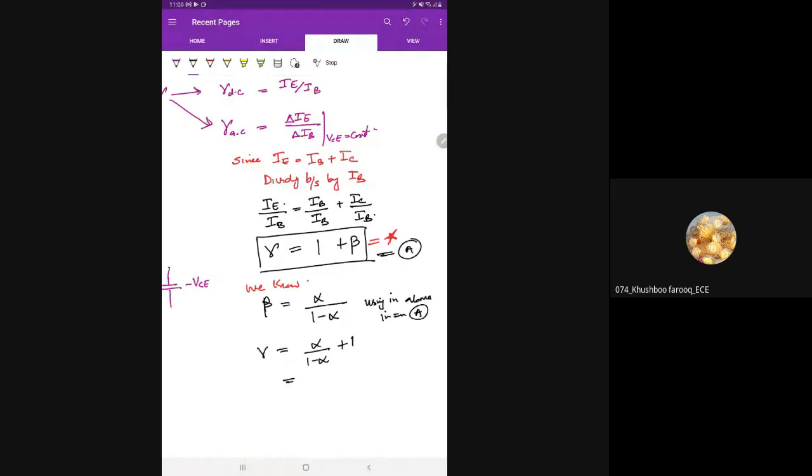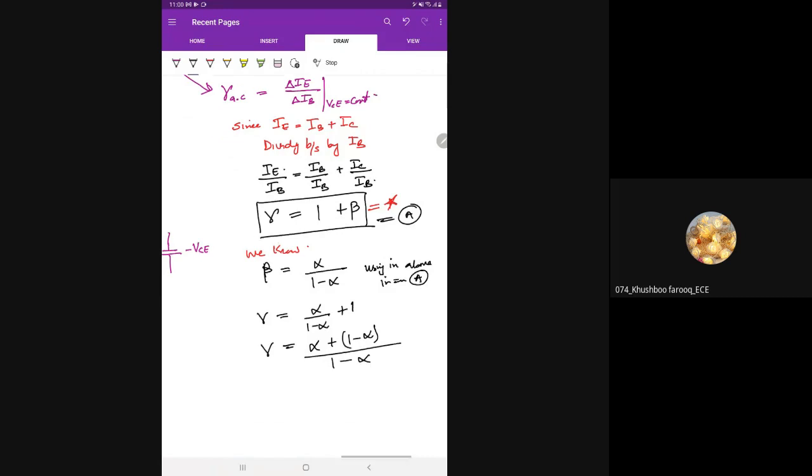So we can simplify them. It will be alpha plus 1 minus alpha divided by 1 minus alpha.